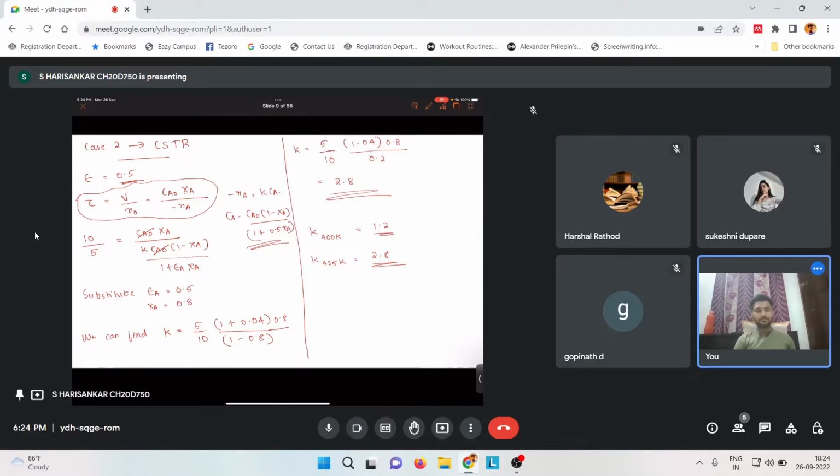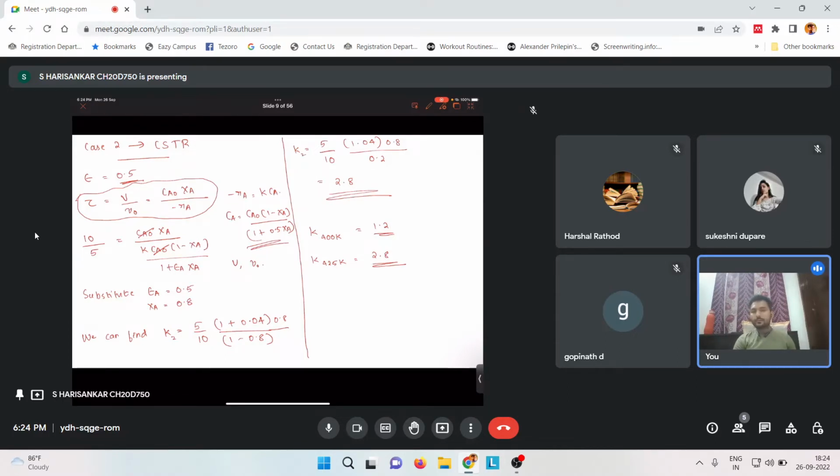Now substitute it and substitute all the other values as well. So we have the values for B, we have the values for nu 0. So substitute all these values and rearrange it, and we'll have K is equal to 5 by 10 into 1.04 into 0.8 by 0.2, and this is basically K2 for CSTR.